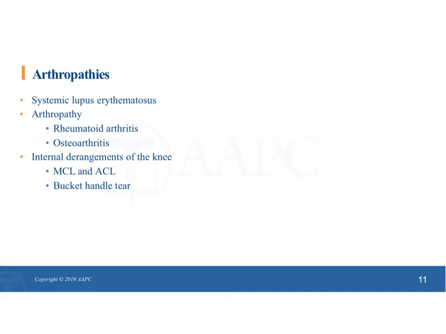Codes are listed for both chronic and acute conditions. A bucket handle tear is a tear of the lateral meniscus of the knee. The meniscus is a crescent-shaped fibrocartilaginous structure of the knee. The meniscus is directly on the articular surface of the joint.